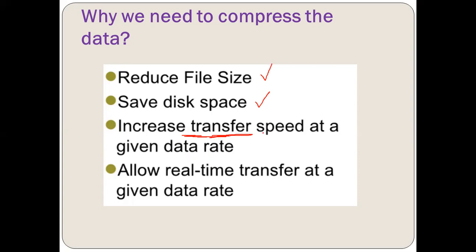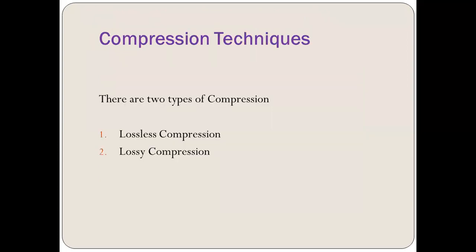So it will increase the transfer speed, and it will take less time in sending and storing that file. It also allows real-time transfer because it takes less time for the file. So these are the reasons why we need to compress the data.